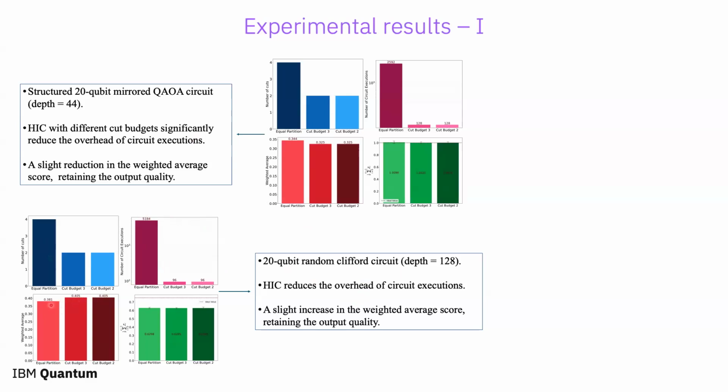So here it increases slightly from 0.38 to 0.4, but that doesn't really make a lot of difference in the quality of result. It's still the same, but the number of circuit executions reduces from 5,000 to less than 100. So this is a huge savings that we get even on a random circuit without any loss in the quality.